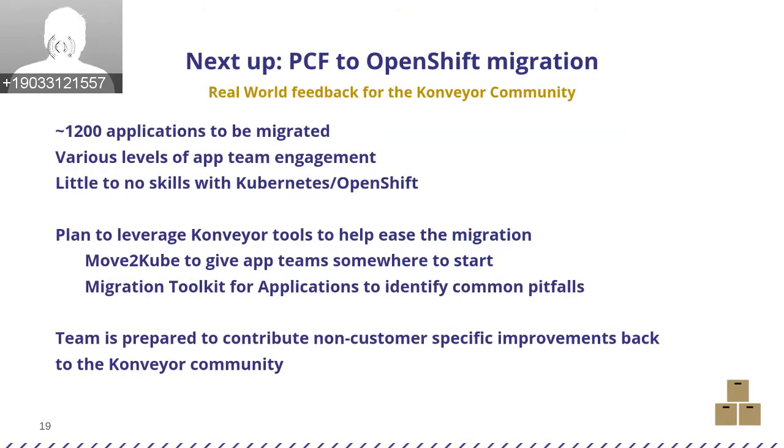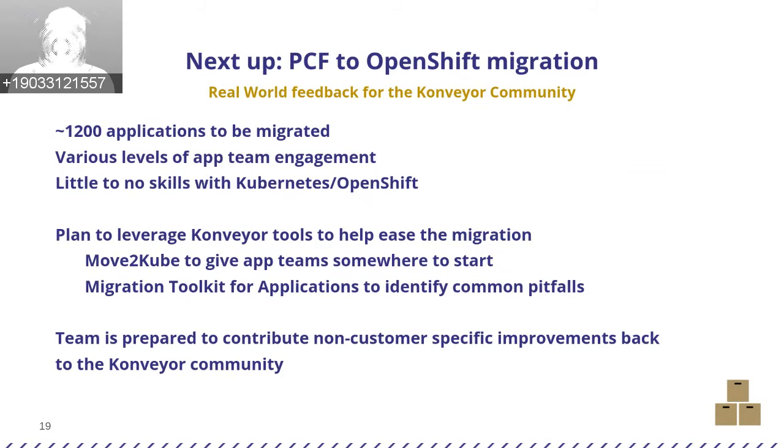And so with that, my client's last sector is finally ready to make the migration to the OpenShift platform, and they're coming from PCF. We have about 1,200 applications that need to be migrated. We have various levels of skills and engagement from the app teams, but most of them have little to no skills with Kubernetes and OpenShift.